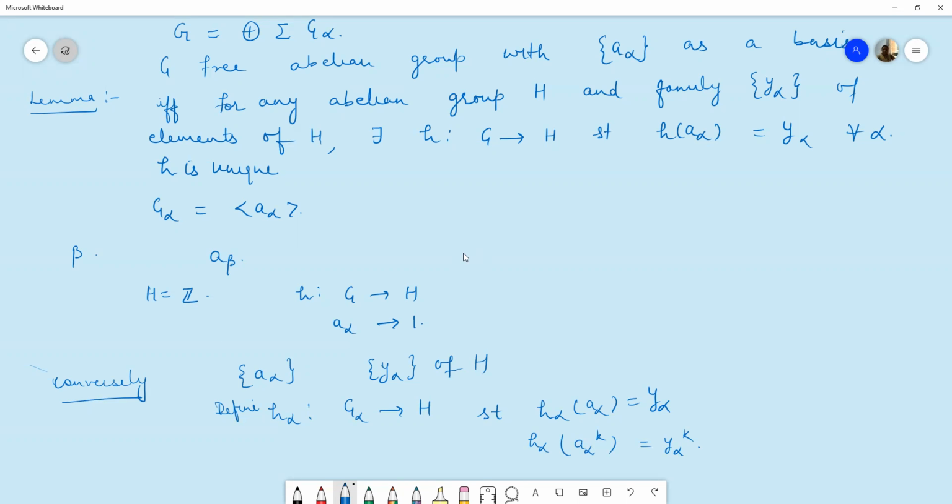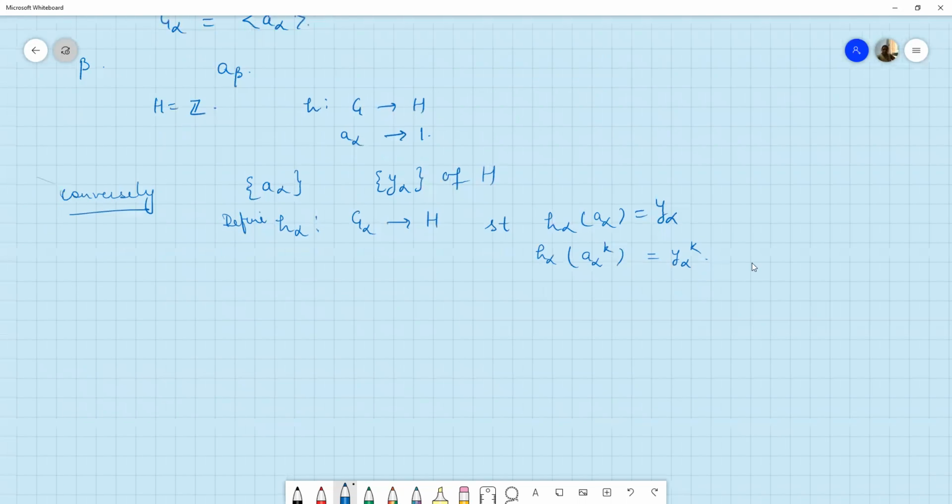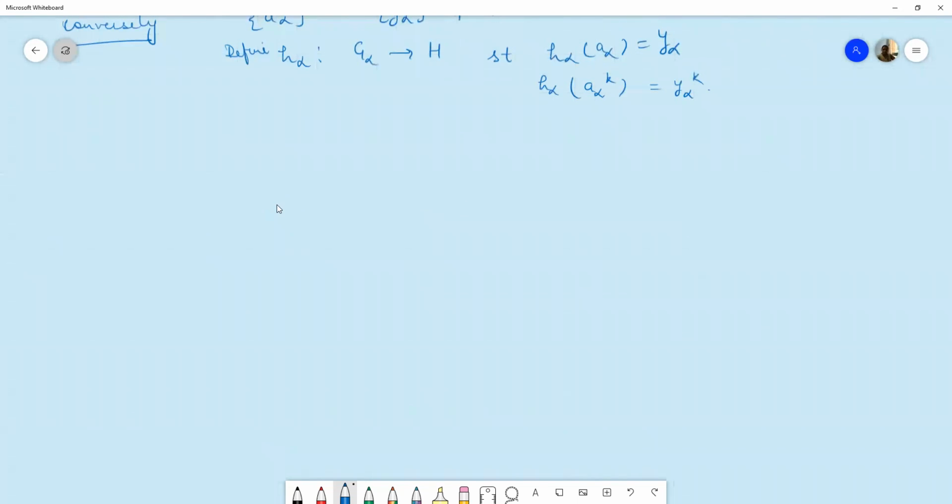And now we apply the previous extension condition of the external direct sum. So by that we have a unique homomorphism h from G to H such that h circle i alpha is h alpha for each alpha.